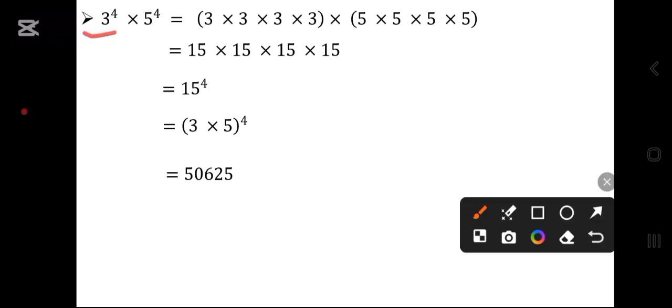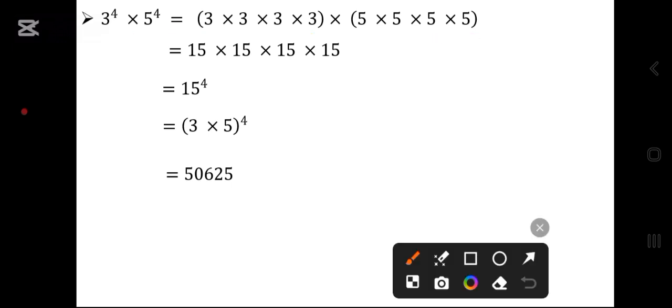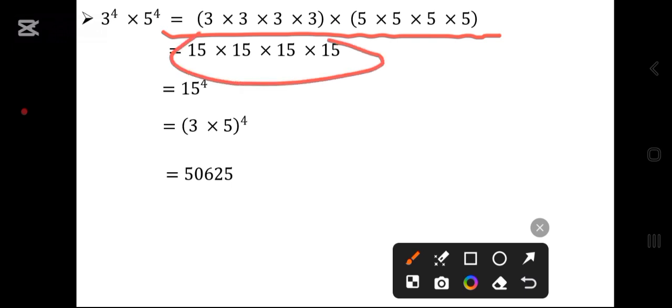This 3 raised to the power 4 means 3 in 4 places. That means 3 multiplies itself 4 times. This 5 raised to the power 4 means 5 multiplies itself 4 times. When we multiply each of these numbers together, we have 15 in 4 places.